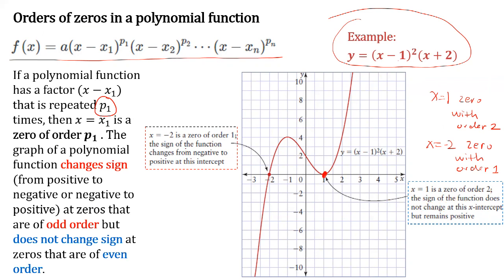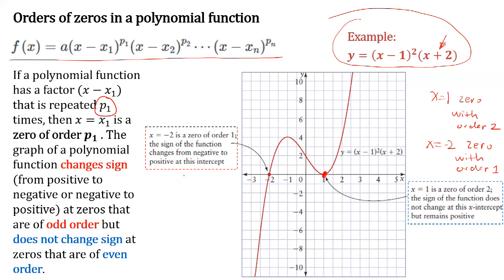On the other hand, let's have a look at the other zero. When x is -2, the function is 0. So x = -2 is a zero of order 1, and the sign of the function changes from negative to positive at this intercept.